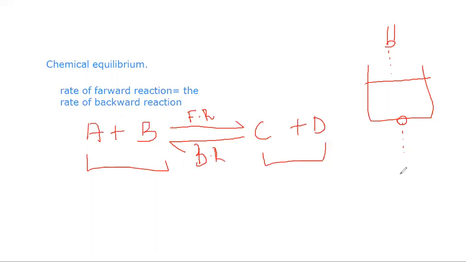This is called equilibrium because the volume of the water in the container remains the same. Because with the same rate you are filling this and with the same rate water is moving out of this container. Clear? This is called chemical equilibrium.